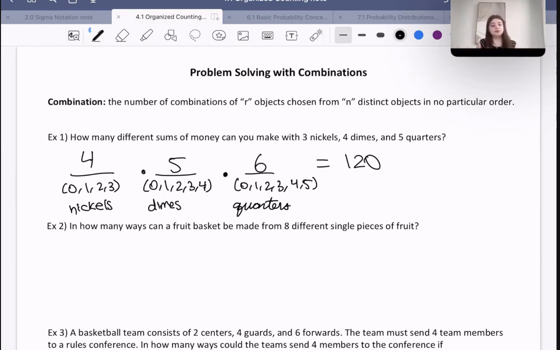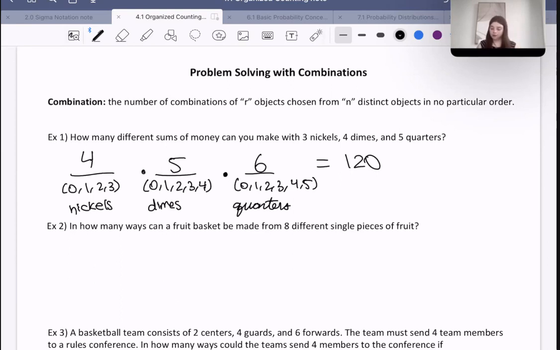Now personally, I think 120 is the correct answer because I do think it's possible to do a sum of money where we just don't choose any money. I think that is possible technically. However, there are some people who prefer to say, oh, well, there's 119 ways because they don't consider $0 as an option. They feel you must choose at least one coin somewhere.